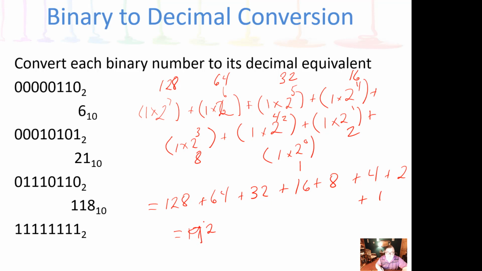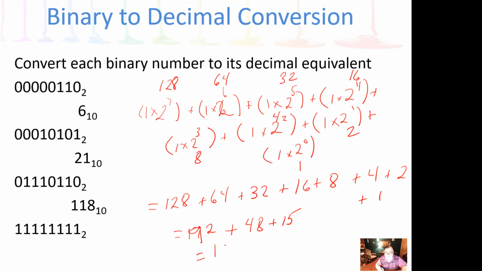Almost made a mistake, 192. All right, 32 and 16 I know is 48, I'm just adding a few of the numbers together to make it easier. 8 and 4 is 12, plus 2 is 14, plus 1 is 15.